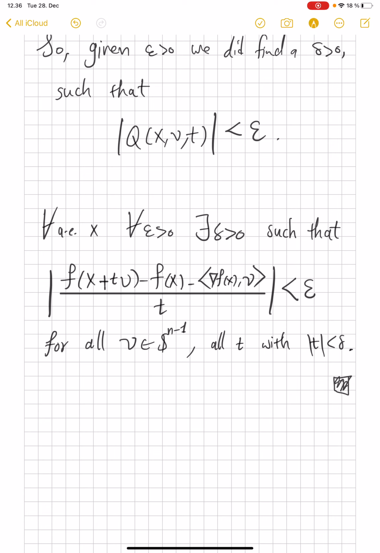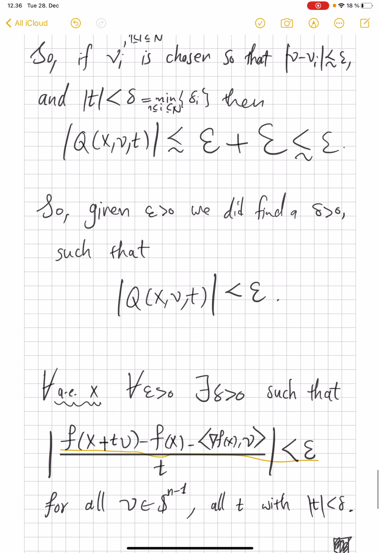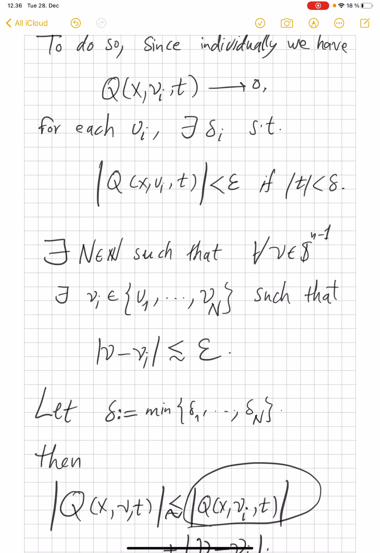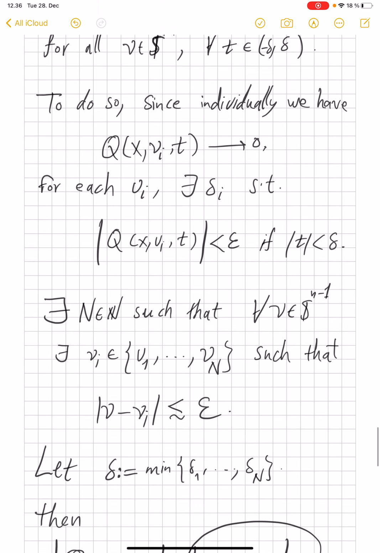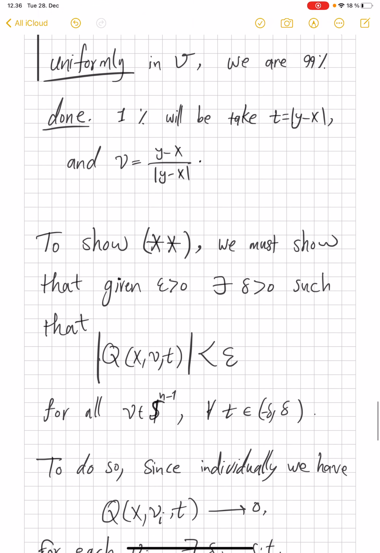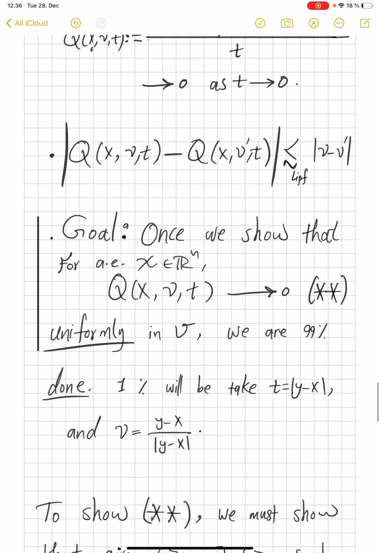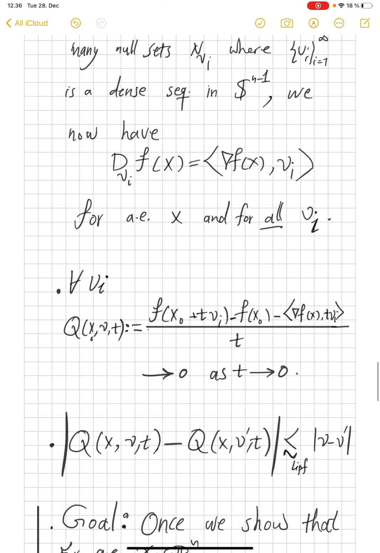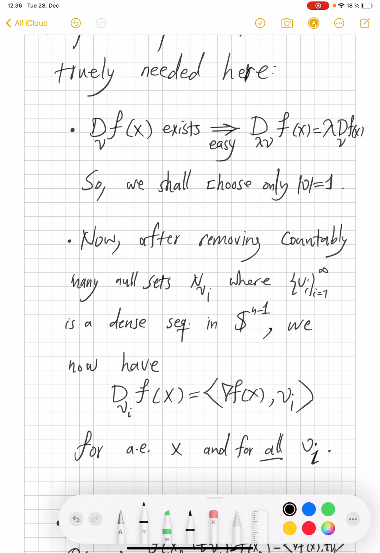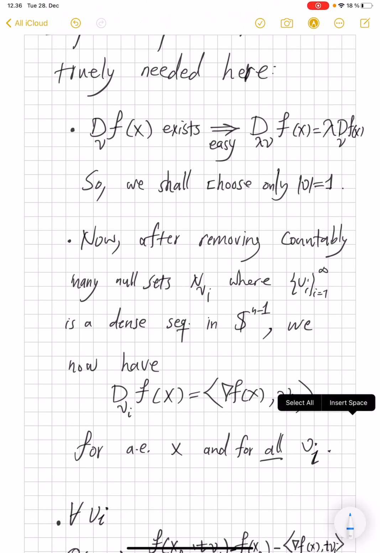One thing that I feel bad about is I never said what type of x this will be valid for, and that is easy to fix. When we pick this dense subset of the unit sphere, let me change the color to blue. Once we pick this vi, there is a bad set, a null set N_vi, for each one of them.